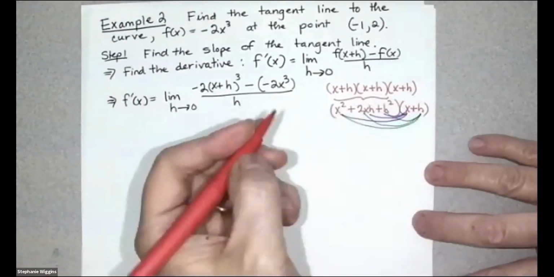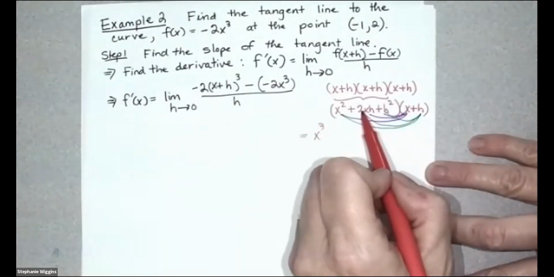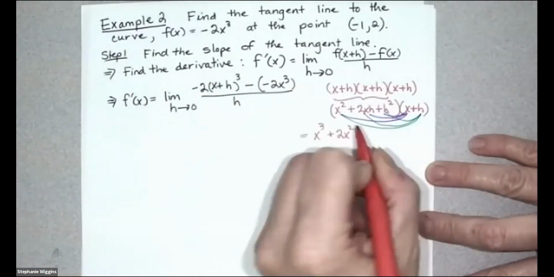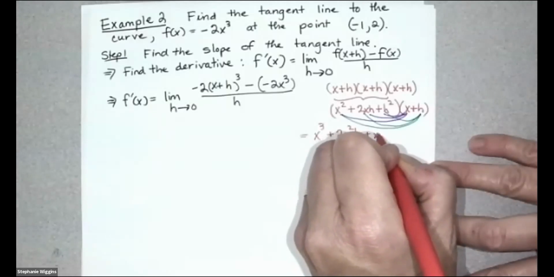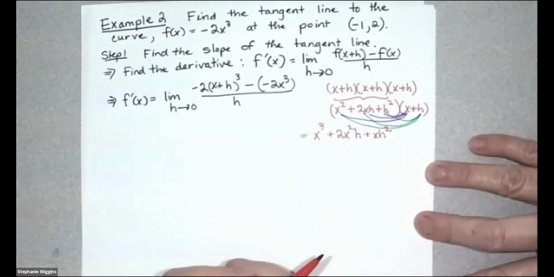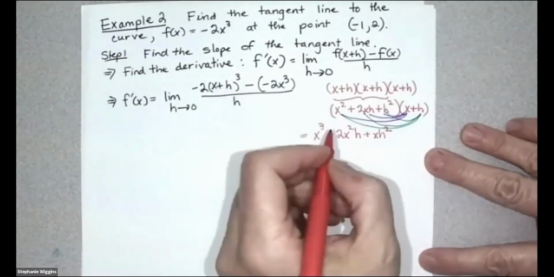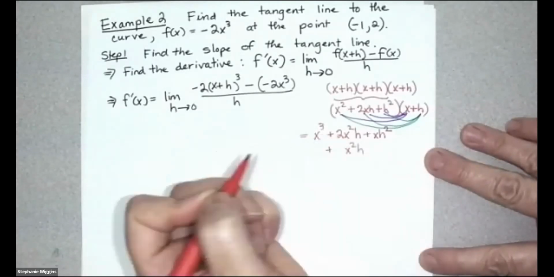So x times x squared is x cubed. X times 2xh is 2x squared h. X times h squared is xh squared. Then we have h times x squared, so I'm just going to write it as x squared h.